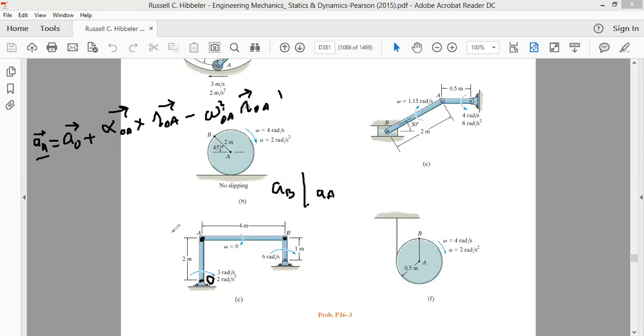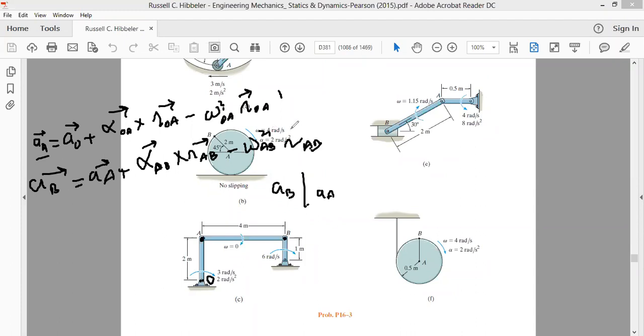So this gives us the acceleration of A. Then we have acceleration of B in terms of A. That's easy. Acceleration of B will be equal to acceleration of A plus angular acceleration of AB, alpha AB, cross radius vector from A to B, RAB, minus angular velocity of AB, omega AB square, times the radius vector from A to B. That is it.